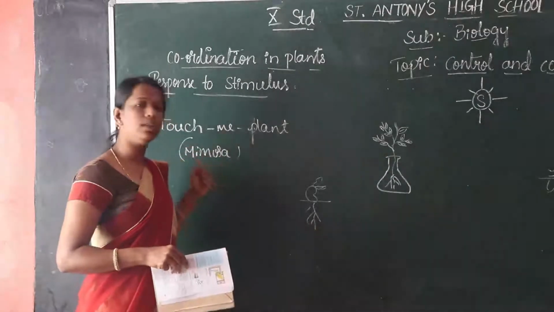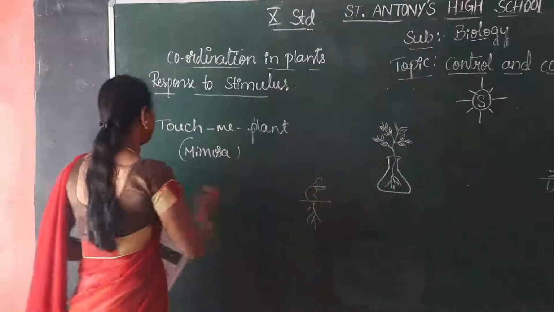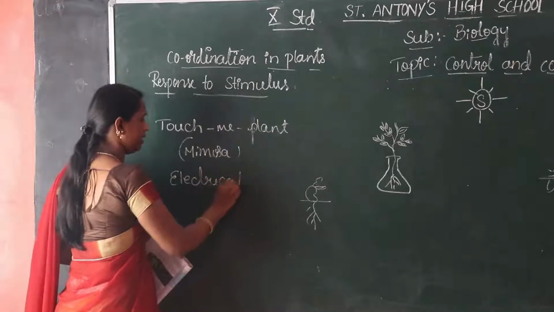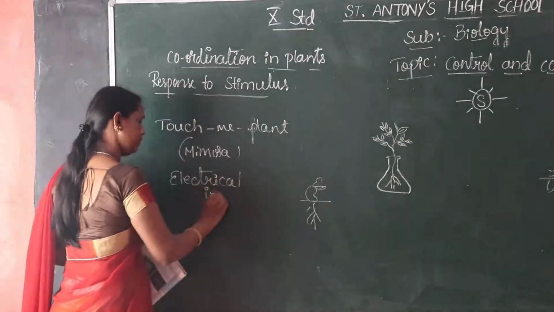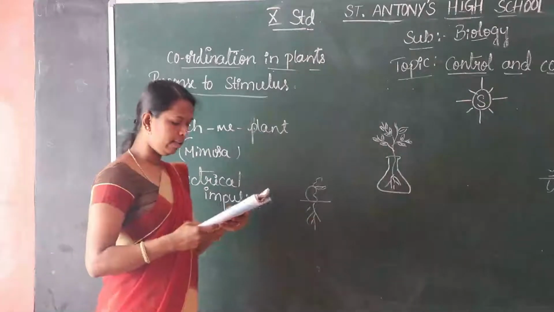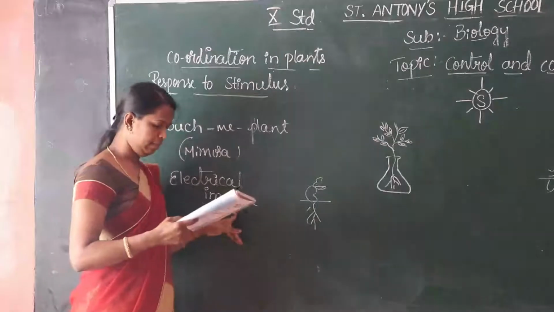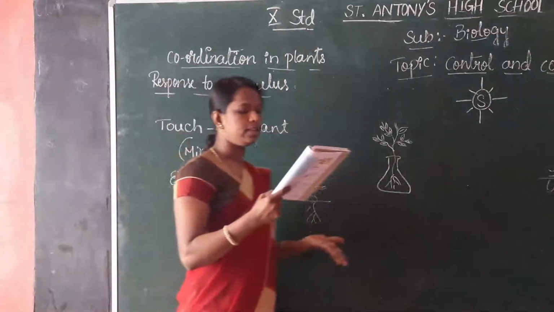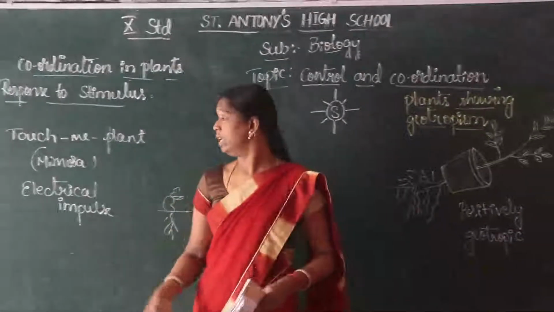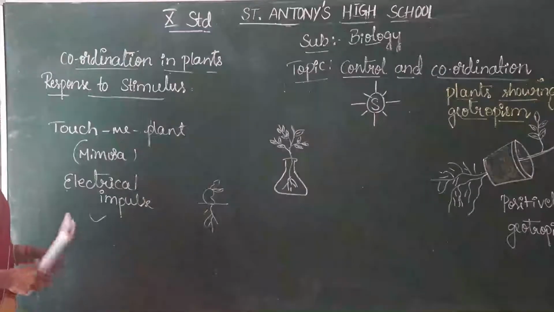Here also, in plant coordination, there is an electrical impulse. Again, there is no specialized tissue in plants for the conduction of information. This gives the information to the whole plant body.